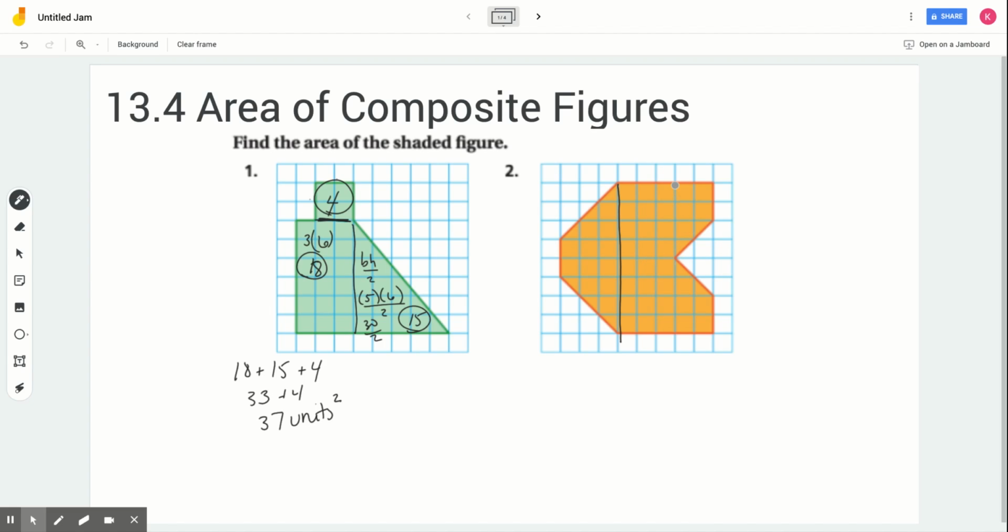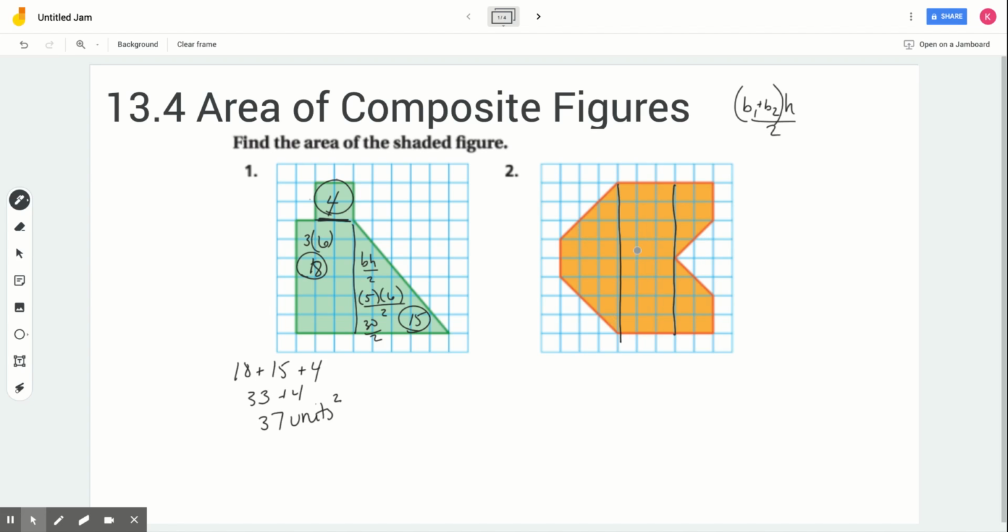Then if I look here, I can cut a rectangle out of the center and end up with 2 more trapezoids. The formula of the trapezoid is base 1 plus base 2 times the height divided by 2. The bases are the parallel sides. They're parallel to each other.